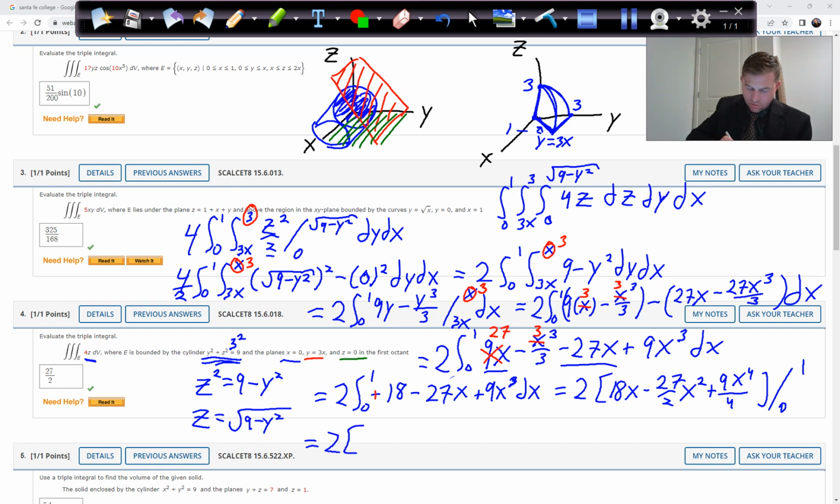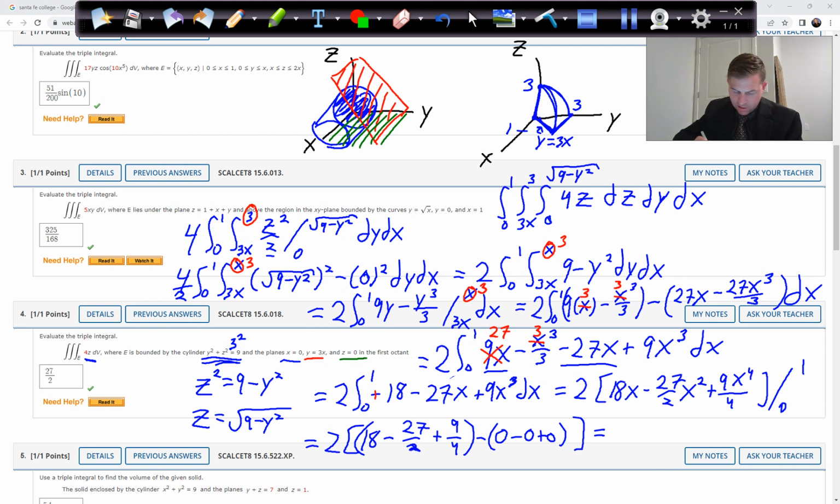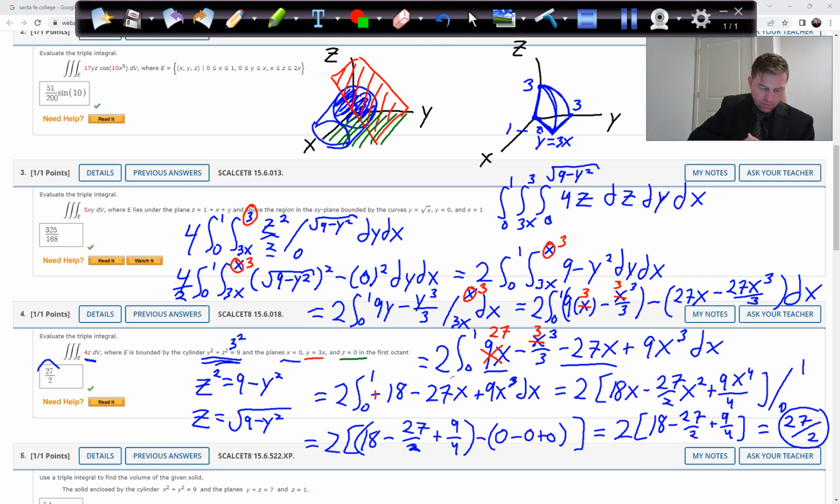So we get 2 times 18 minus 27 halves plus 9 fourths, minus 0 plus 0. And this would be 2 times 18 minus 27 halves plus 9 over 4, which will become 27 over 2 when you get a lowest common denominator, combine all your numerators, and simplify. Okay, that should be problem 4.